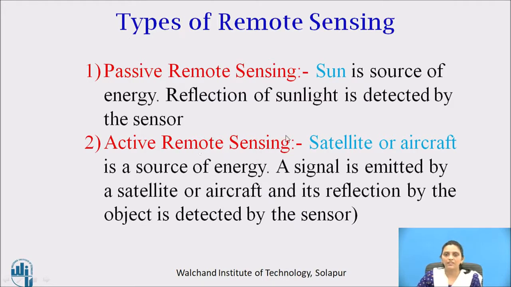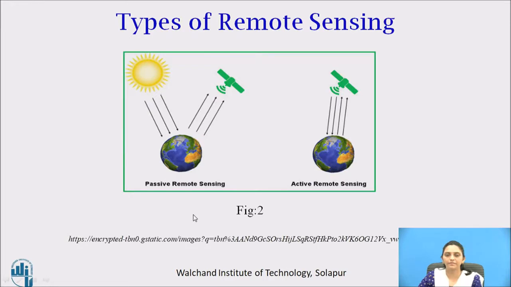Active remote sensing: satellite or aircraft is the source of energy. A signal is emitted by a satellite or aircraft, and its reflection by the object is detected by the sensor. The picture shows passive remote sensing and active remote sensing. In the first image, sun rays are falling on earth, and the reflected rays are captured by the sensor in the satellite.